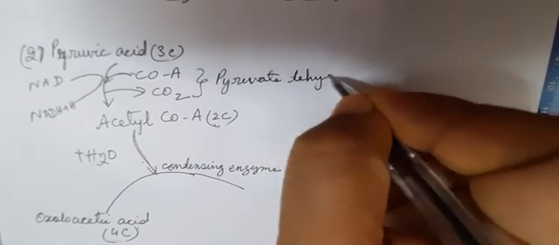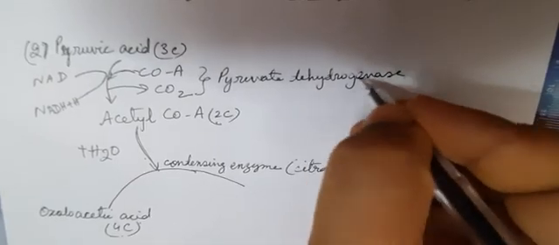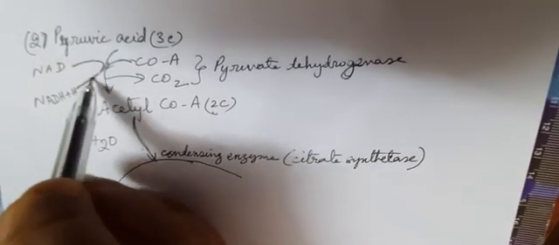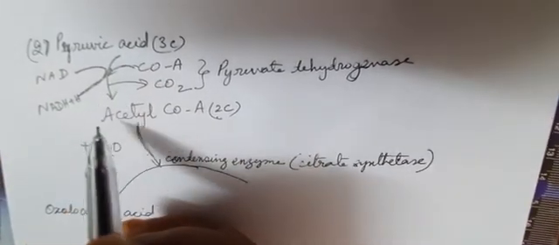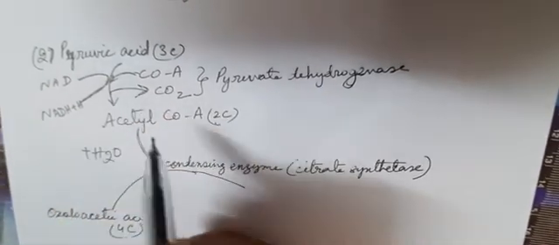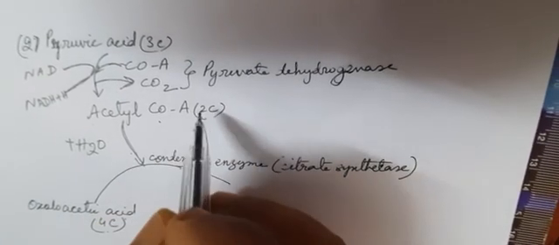and this reaction will take place in the presence of pyruvate dehydrogenase. As it is a dehydrogenase enzyme, it will remove the hydrogen ions from pyruvic acid and a molecule of carbon dioxide, forming acetyl coenzyme A, that is the 2 carbon.